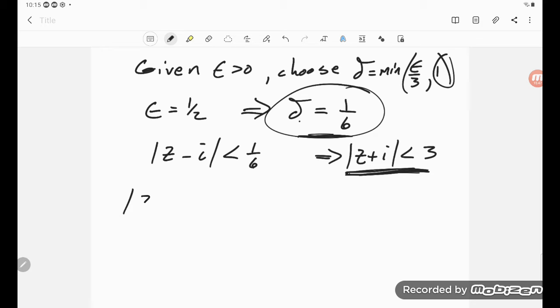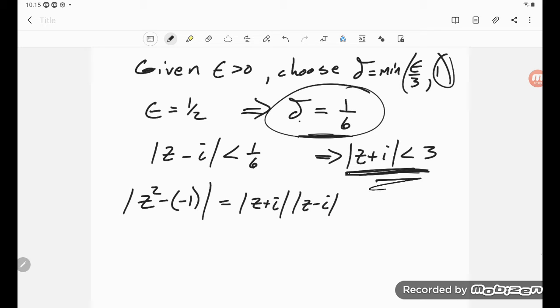So if I take my z squared minus a -1, or z squared plus 1, then I know that that is equal to my z plus i times z minus i, like that in absolute values.